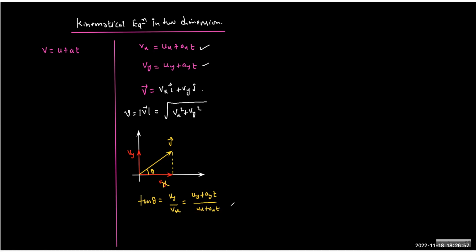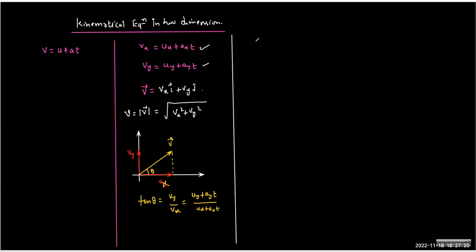Now, what you need to remember is that the resultant velocity is always tangential to the path of the projectile. What you must remember? Tell me, guys. In any projectile motion, the resultant velocity direction will always be tangential.